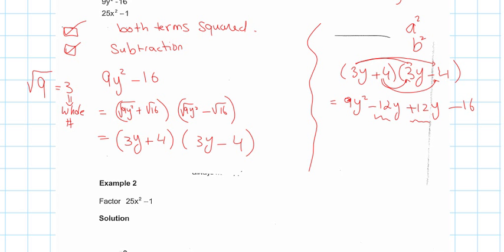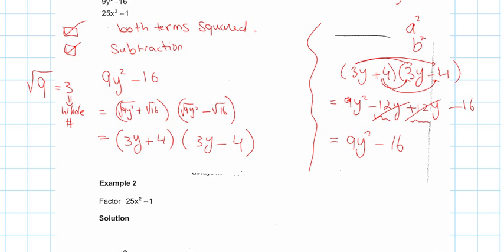So that's going to be 9y squared, the 0, they're gone, minus 16. Is that what I started with? Yes. Okay? So, first of all, you're going to check if they're squared terms. Then you're going to check if there is a minus between them. If it is, then you're going to follow the rule of difference of squares.